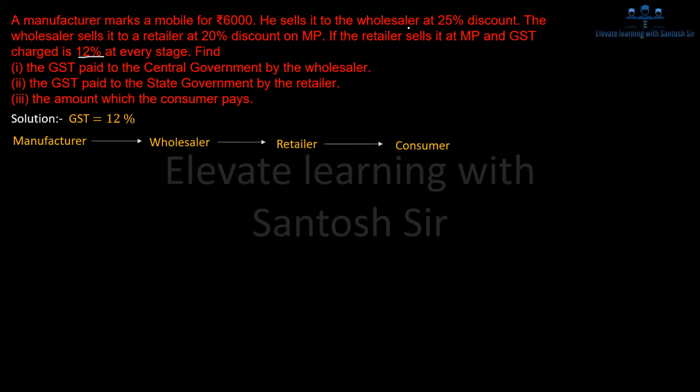He sells it to the wholesaler at a discount of 25%. The wholesaler sells it to the retailer at a discount of 20% on mark price. Only the retailer is selling it at the mark price, that is, retailer is selling it at rupees 6000 to the consumer. Rest things we have to find. Also, we know that manufacturer, as he is the first person in the chain, his CP is 0.